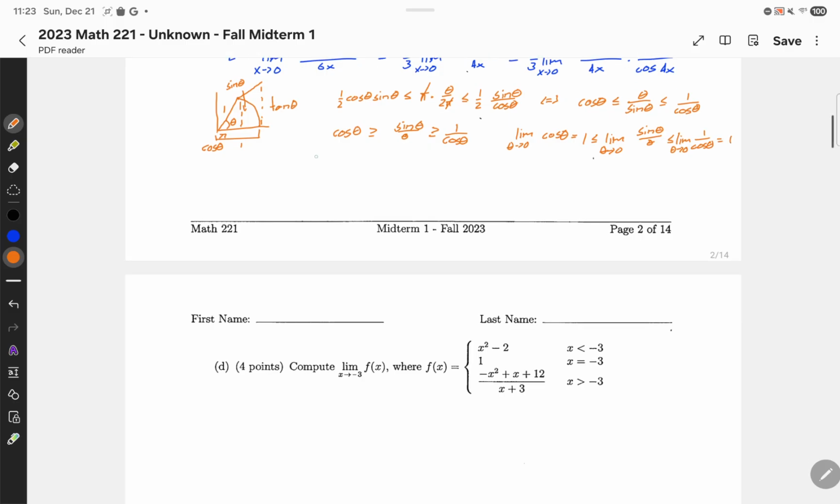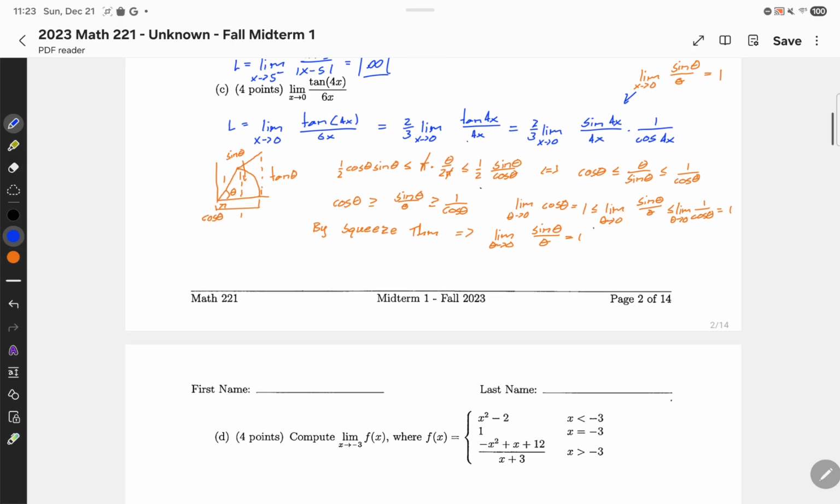And so now, by squeeze theorem, this tells us that the limit as theta approaches 0 of sine theta over theta is just going to be equal to 1, just like that.